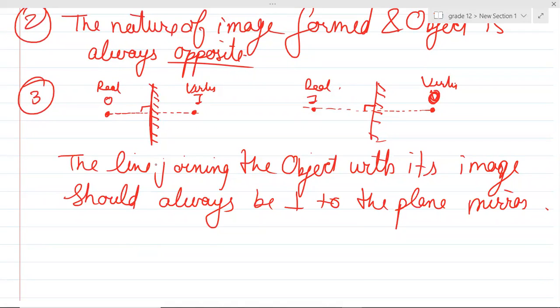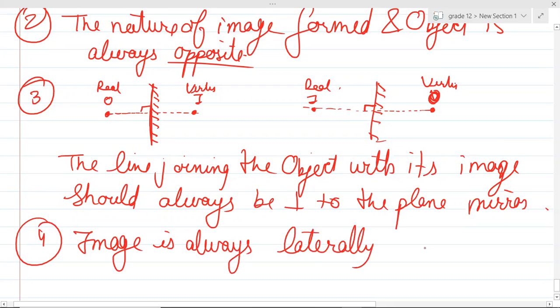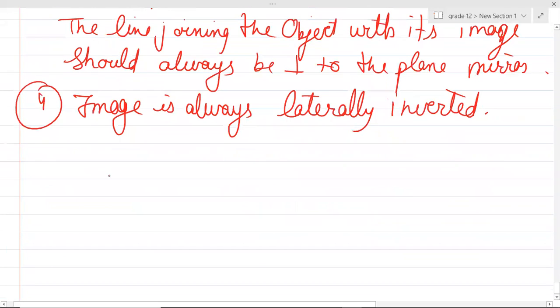Yes, sir. Fourth point. The image is always laterally inverted. What do you mean by lateral inversion? Sideward inversion. Do you remember sideward inversion?